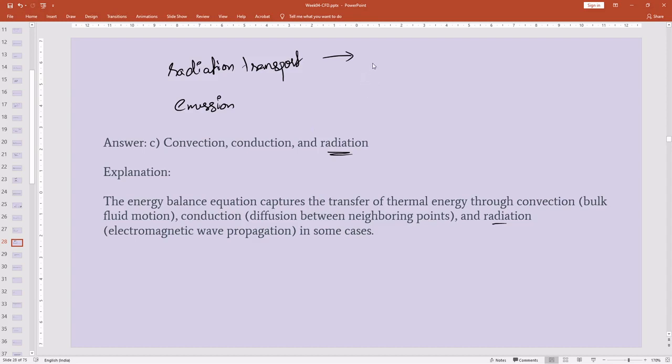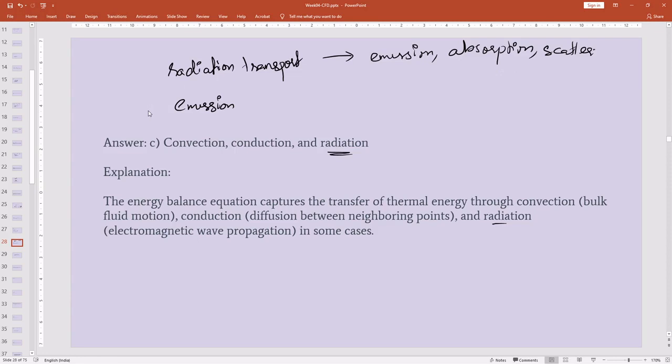There should be some emission, then absorption, then the third one is scattering or diffusion, that is, reflected or scattered. So the main three things when we account for radiation transport are emission, absorption, and scattering.